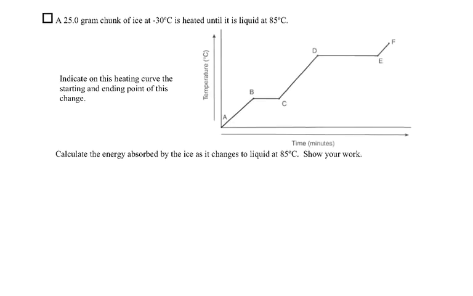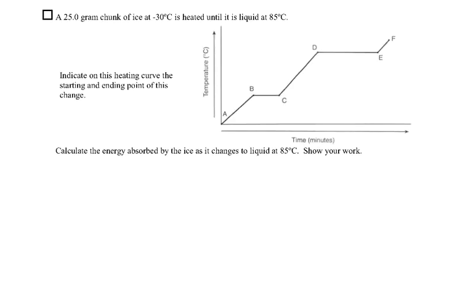Now it says a 25-gram chunk of ice at negative 30 is heated until it's liquid at 85 degrees. So indicate on this heating curve the starting and ending point. Think about this. A chunk of ice at 0 is right here, and this is at 100.